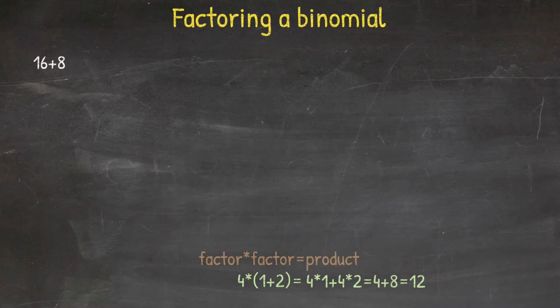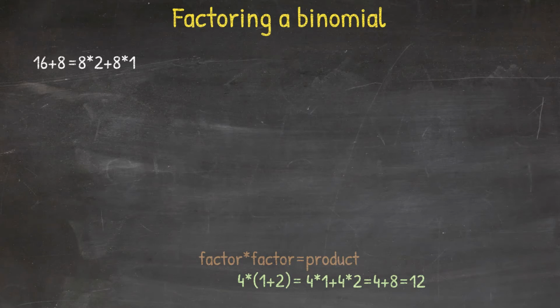So let's take a look, and what we can probably notice is that 16 and 8 both have the number 8 as part of them. So if we were to factor 16, we would get 8 times 2. These are two factors that would lead to 16. The 8 we can factor into 8 times 1.